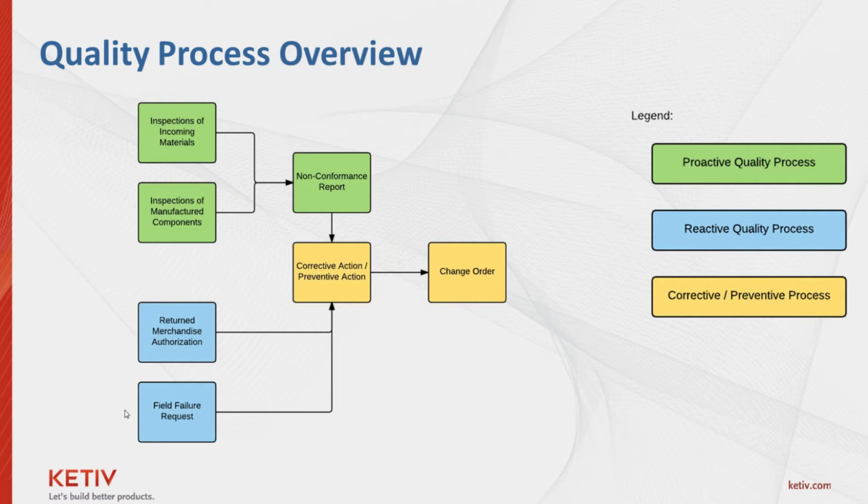Now, on the flip side, we have some more reactive quality processes. So, for example, if it's a small product and it gets returned to your factory, that would be an RMA, and we can take those in, figure out what's wrong and make some corrective actions based on the problems that we find.